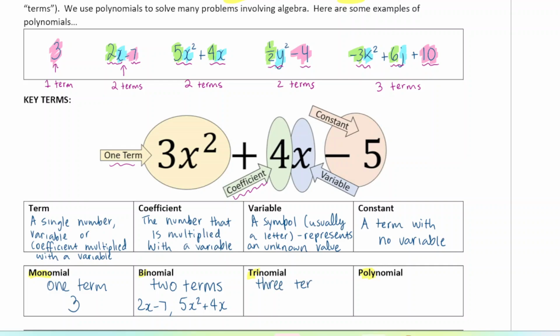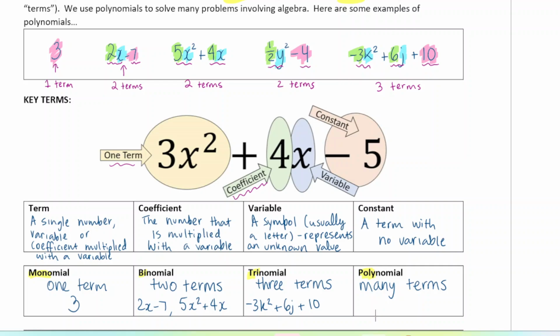Think of the word tricycle, right? That has 3 wheels. And the example I gave above that has 3 terms was this one. And then poly just means many, or any number of terms. It's just the general description of any polynomial.